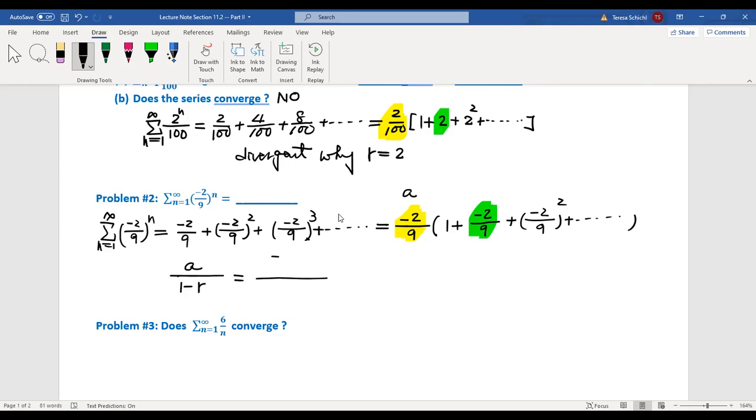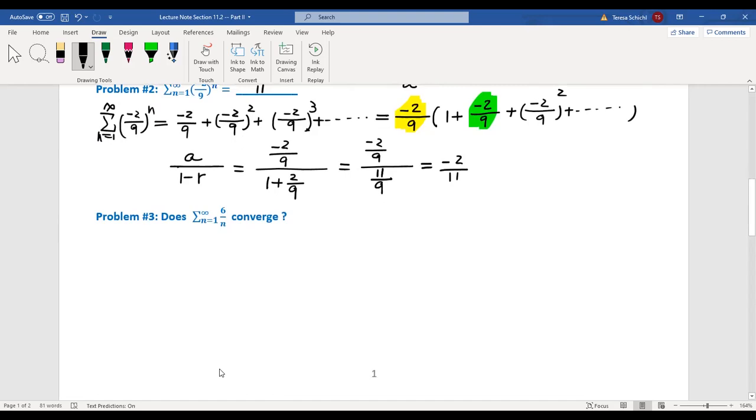A is -2/9, and 1 minus R is 1 plus 2/9, which is 11/9. So you will get -2/11. Okay, so this one is pretty simple.